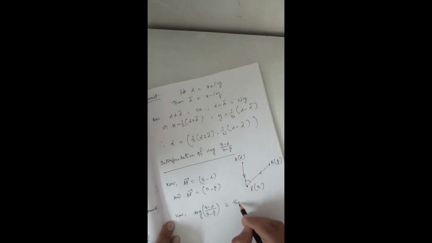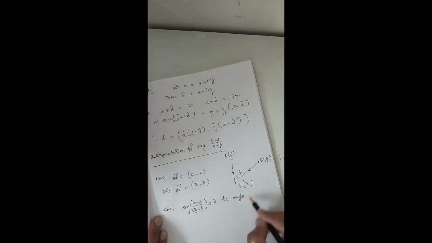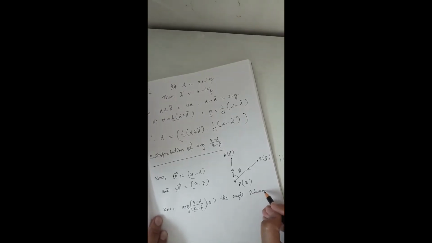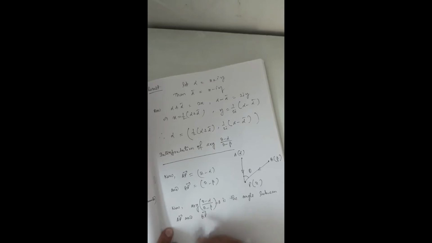is the angle between AP and BP. Actually, this theta is the principal argument of z minus alpha by z minus beta.